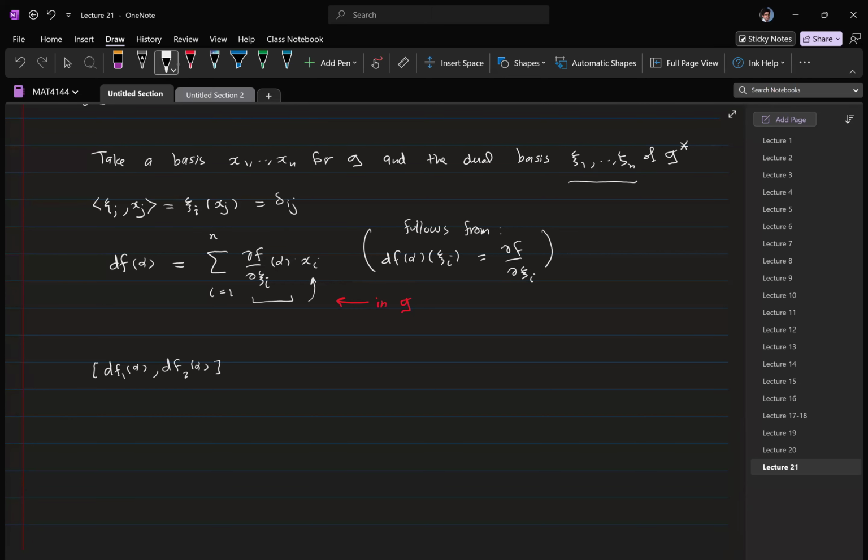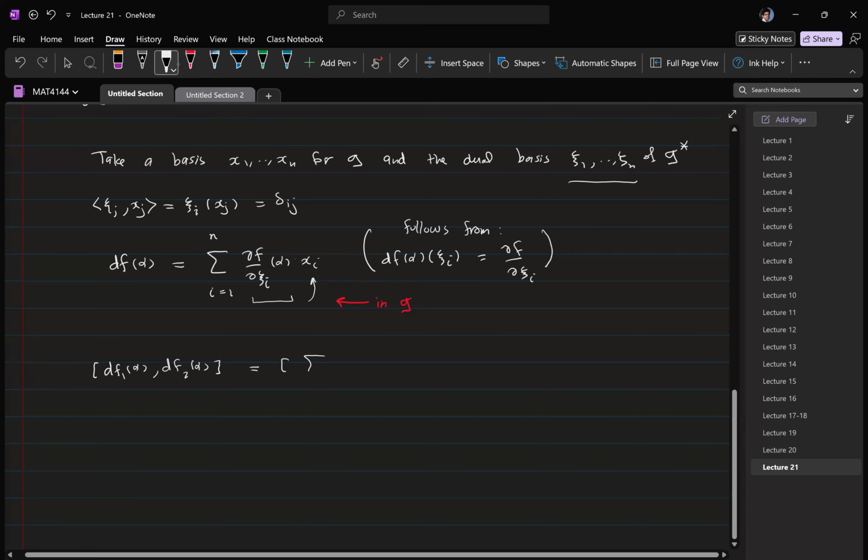Okay? So now I can just take the commutator. So this is just the commutator of sigma df dxi alpha xi and maybe df1. I should say df1 here. So here df2 dxj, xj. And now I expand by linearity. I end up with sigma df1 dxi, df2 dxj.